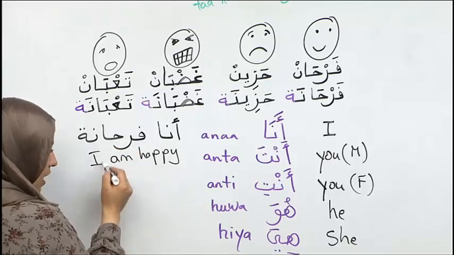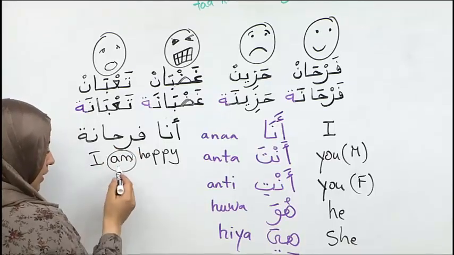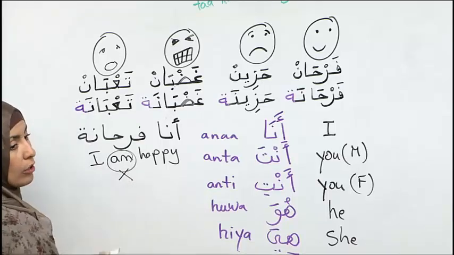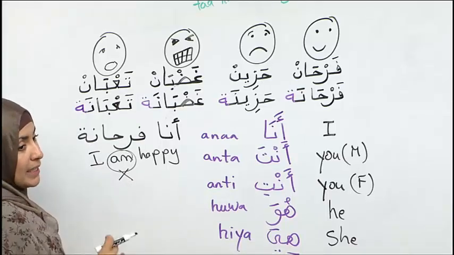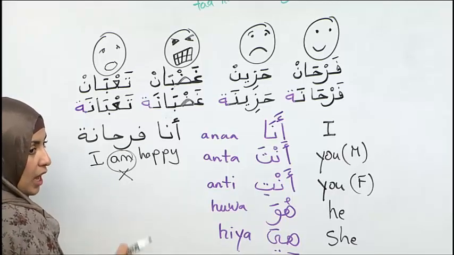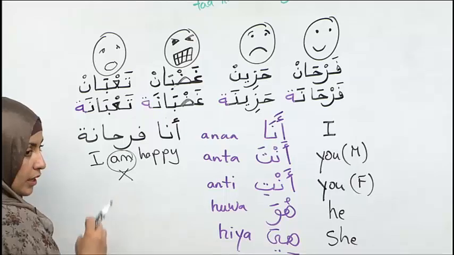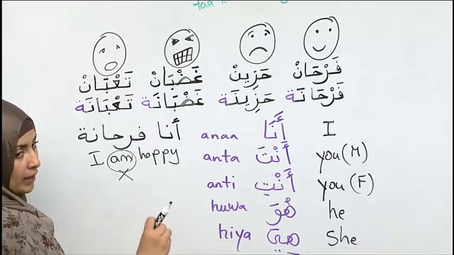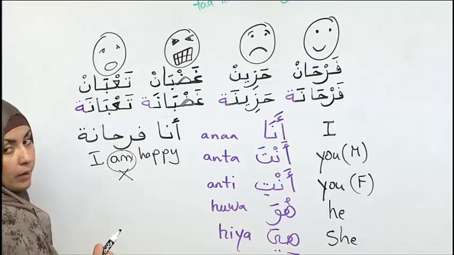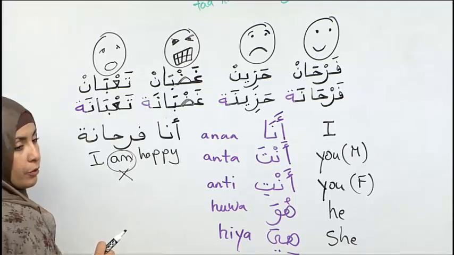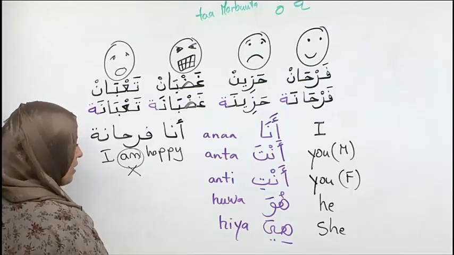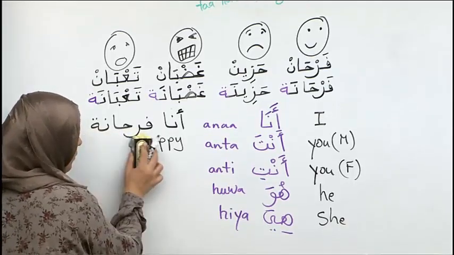In English, you have the verb to be, right? In Arabic, there is no reference to the verb to be at all. It is embedded. It is part of the sentence. As soon as you say I and you say an adjective, it automatically translates to I am happy in English. Okay? So there's no reference for the verb to be in Arabic. أنا فرحانة. All right.